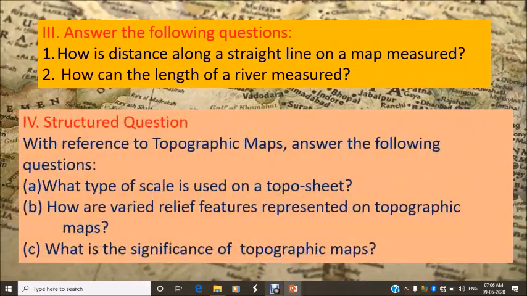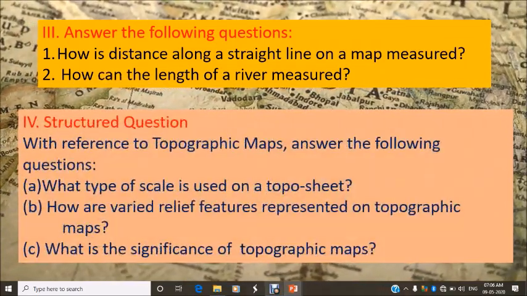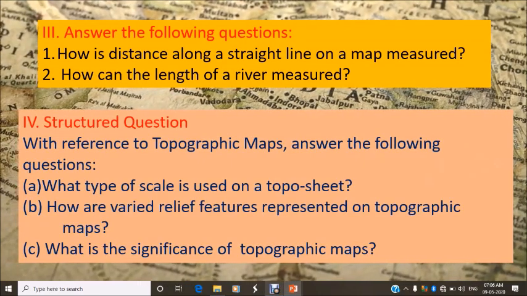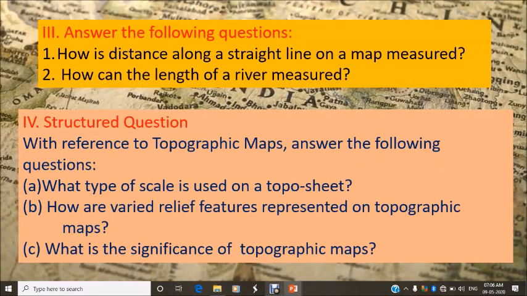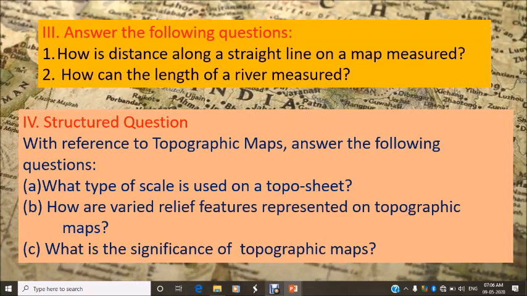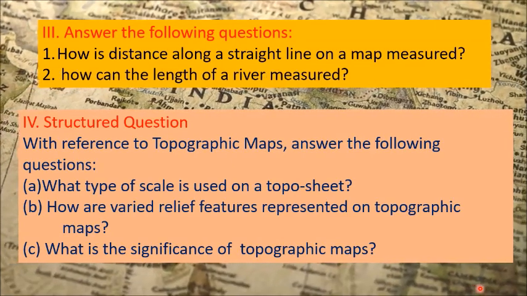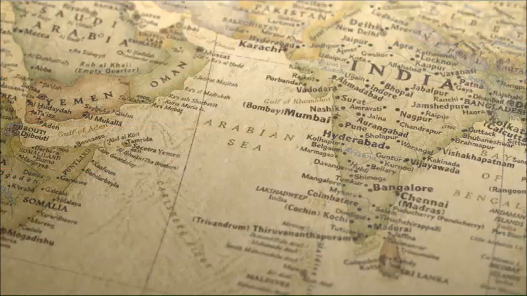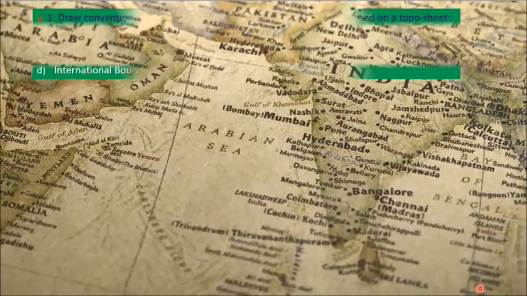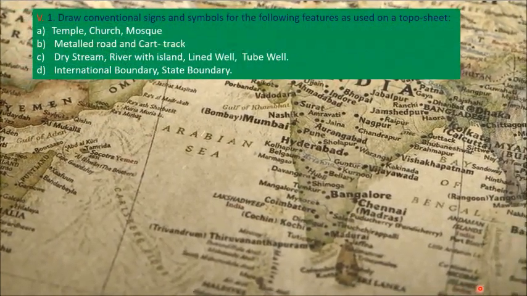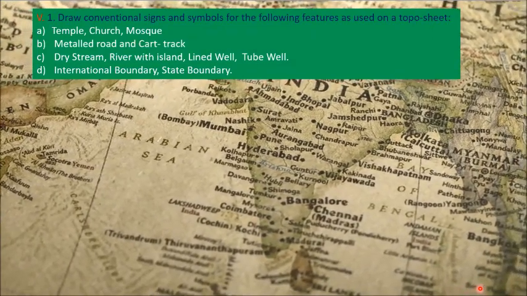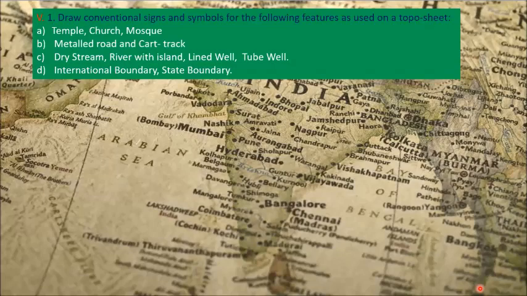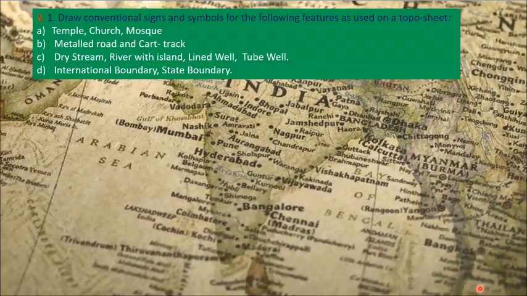Fourth, structured questions. With reference to topographic maps, answer the following questions. Fifth, draw conventional signs and symbols for the following features as used on a topo sheet.